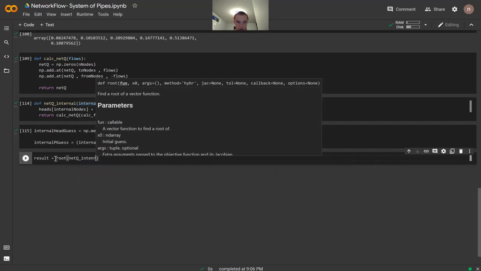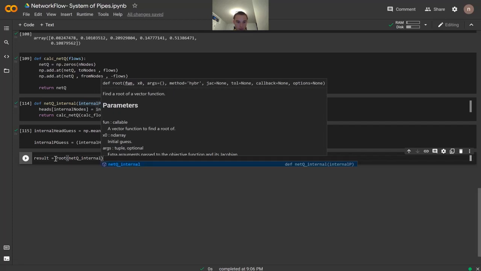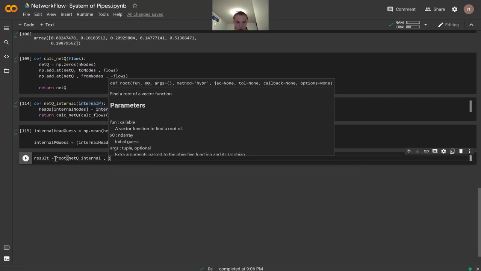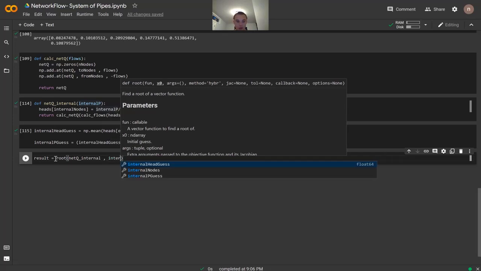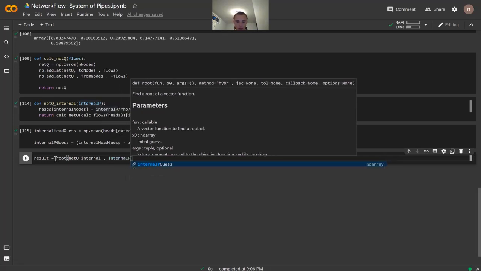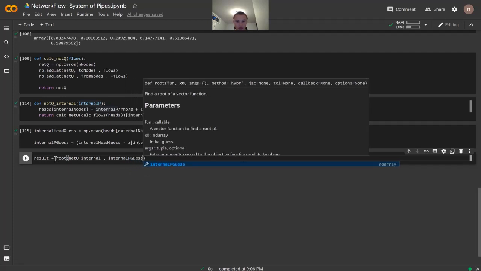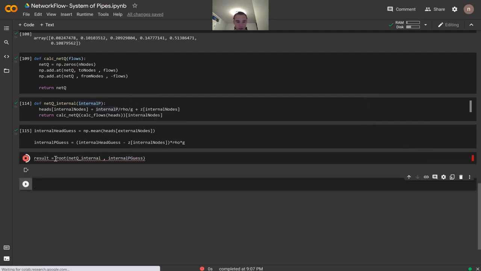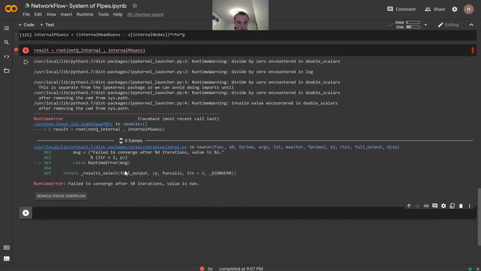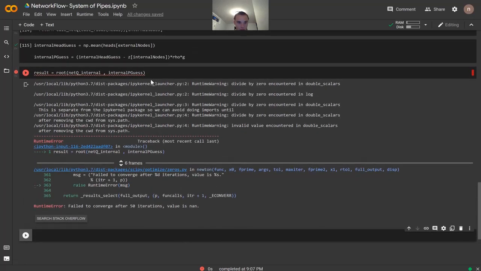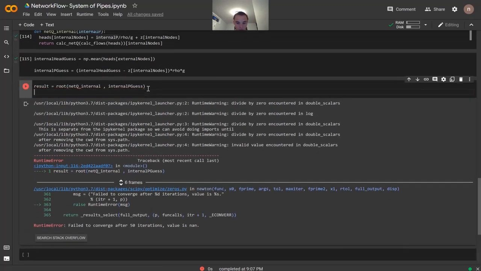This will be taking in our net flows for the internal nodes, and iterating through our initial guess, which in this case it'll need to be iterating through our pressure. So we'll be iterating through our internal pressure guess, which we got from a good guess from the internal heads. I think I need to do result.x.